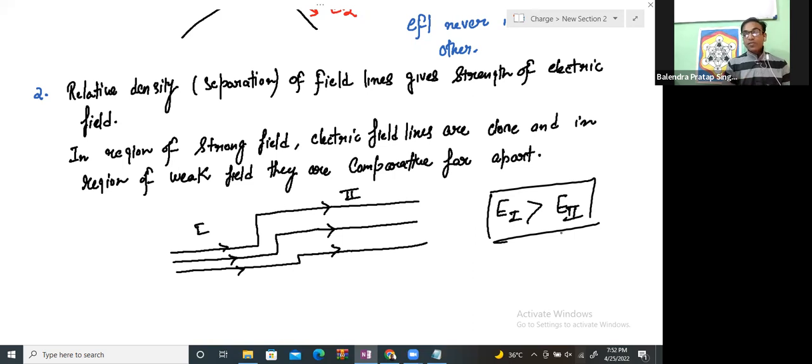That's why it is meaningful to study the electric field, electric current, then the magnetic field, then Faraday's law, Ampere's law, and finally Maxwell's equations, which give the unification of electric field and magnetic field. That's very important.